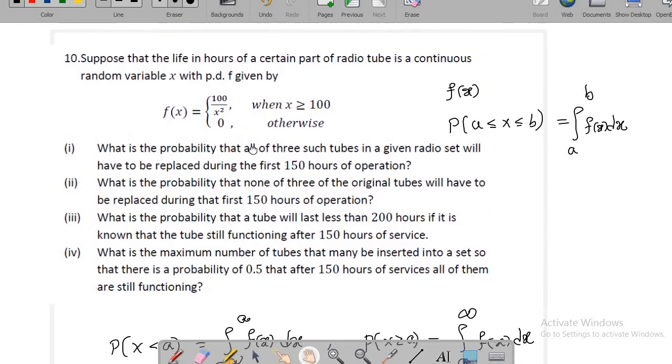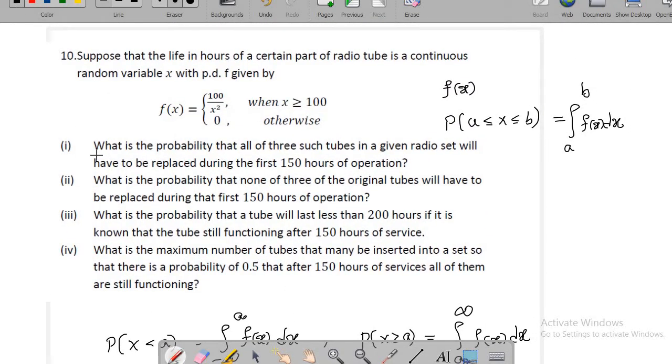Right. So now let us see what is the answer to the first one. The question is, what is the probability that all of the 3 such tubes in a given radio set will have to be replaced during the first 150 hours of operation? So what is given here? The life in hours of a certain part of a radio tube is given, and its probability density function is given.